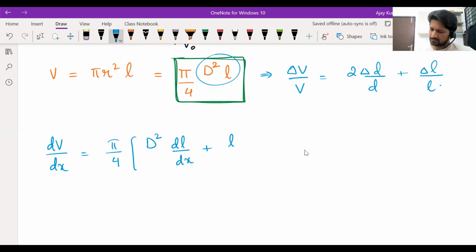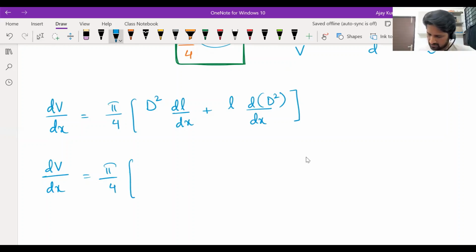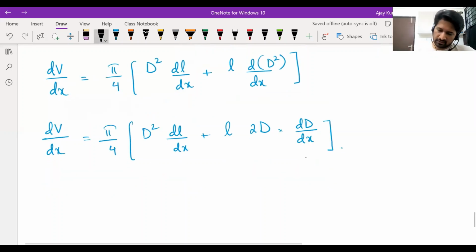So u dv by dx plus v du by dx, where du is the derivative of D square with respect to x. Pi by 4 times D square dL by dx plus L times the derivative of D square, which becomes 2D, but that is with respect to capital D. Since we are differentiating with respect to x, dD by dx will also be there. Now you can cancel dx throughout.